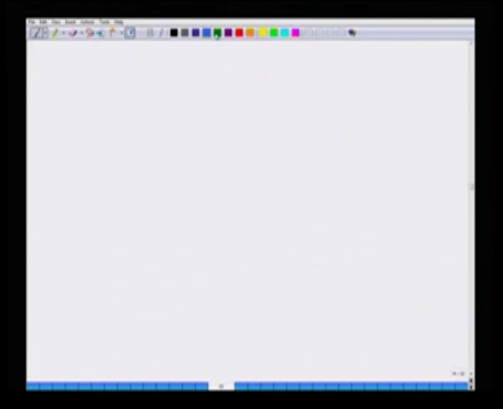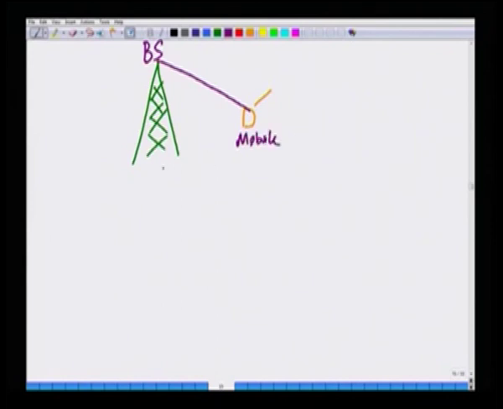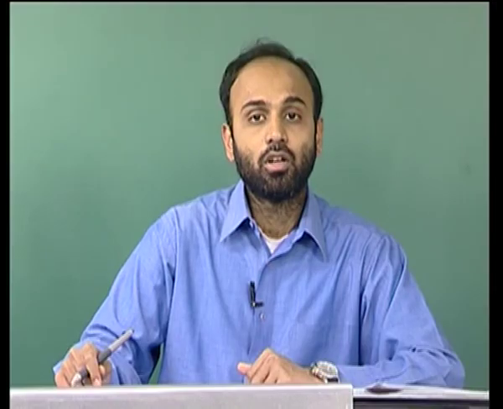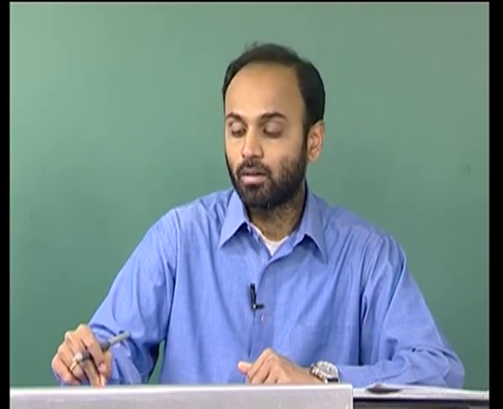For instance, if you look at a base station and a mobile, and we look at the straight line distance d between the base station and mobile, we would like to find the signal strength required at the base station to receive an intelligible signal at the mobile at a distance d.